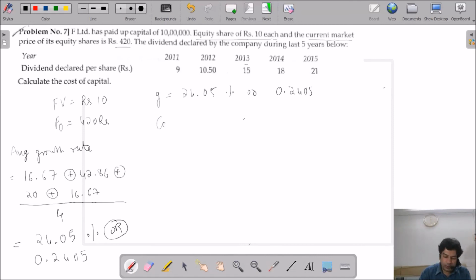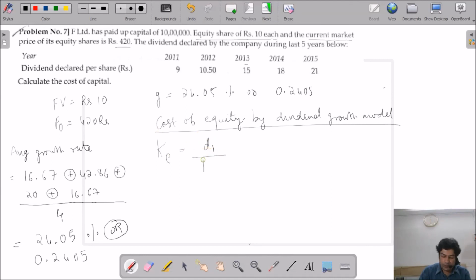So cost of equity is KE, future dividend D1, current market price P0, and the growth rate, and this we are going to multiply by 100.